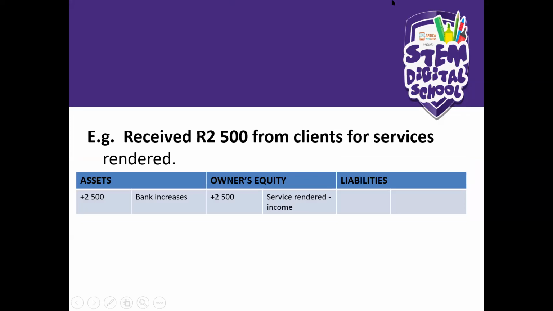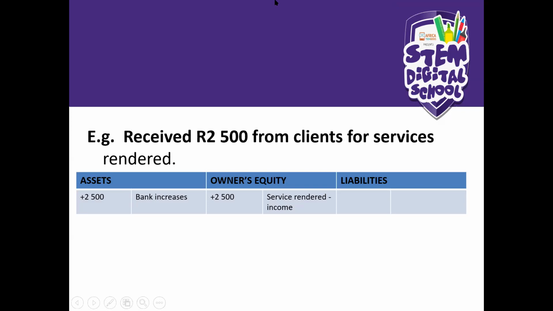Right, so what is the transaction saying there? Received 2,500 Rand from clients for services rendered. So the amount is 2,500 and it's for services rendered. Services rendered means you received money, so it's going to be an income. Right, let's start. If you receive money, okay, what is happening with your bank account?